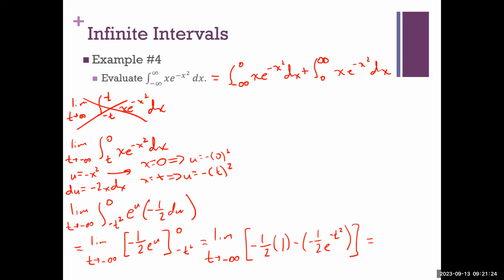I feel like there's a sign flip somewhere, because if you plug in negative infinity, that e is just going to get larger and larger, right? But I expected it to converge, so I feel like I got a sign flip somewhere.